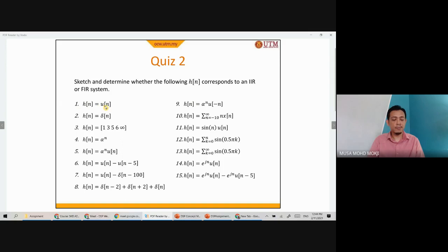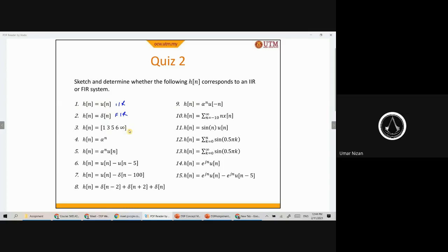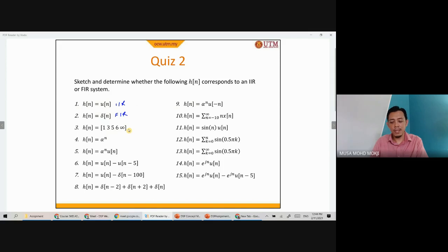It is IIR because this is u[n], so you have samples from index 0 up to index infinity. h[n] equals delta[n] is also very obvious, because delta[n] only has one sample, so this is FIR. How about number 3? 1, 3, 5, 6, infinity. Is this FIR or IIR? FIR. Yes, true.